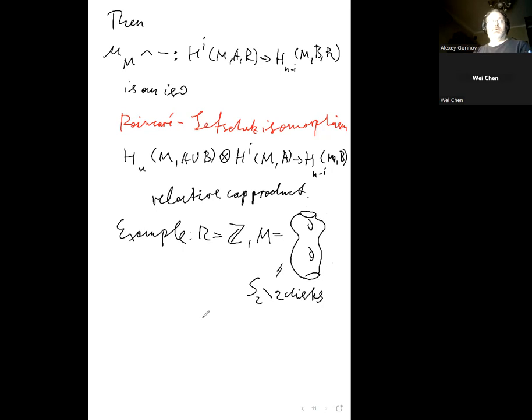Well, in this case, we have the boundary which has two components, let's call them A and B.